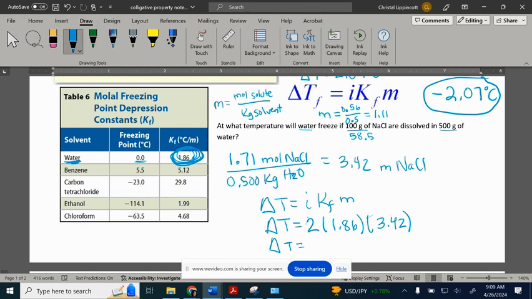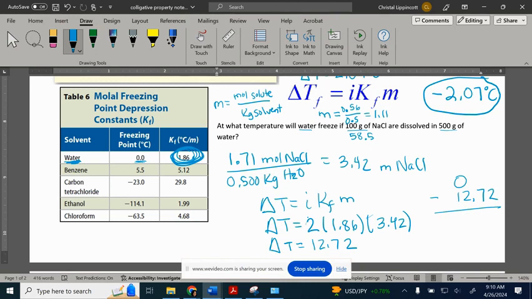So that ends up being 12.7, I guess it would be 12.72 if we didn't round. All right. So that's how much my temperature is going to change. This is freezing point depression. So we're going to take what the freezing point normally would be, and we are going to subtract that amount from it.